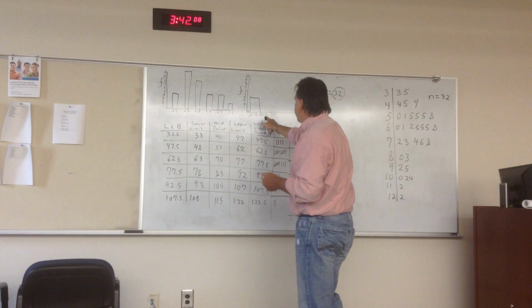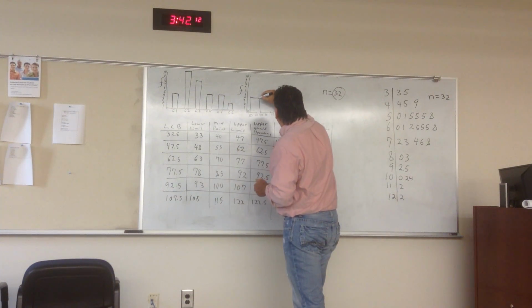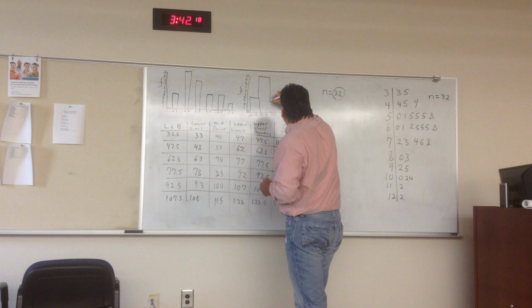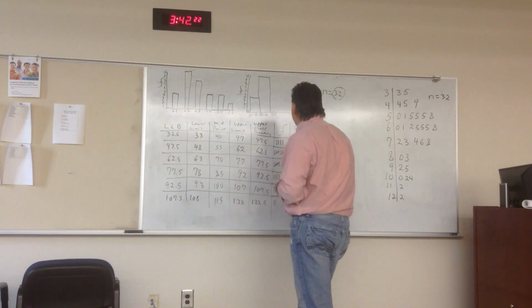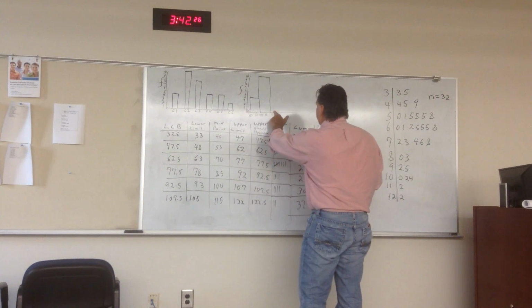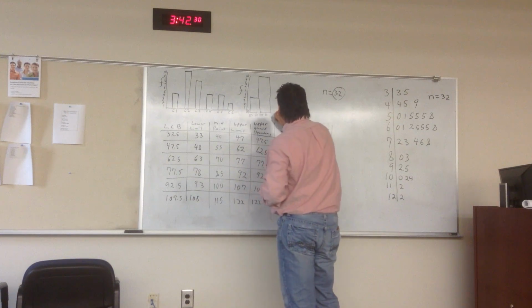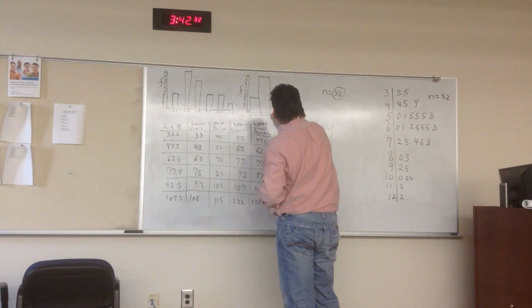Our next class, which has a midpoint of 55, that occurred 10 times. So we're not going to have any gaps here. So we're just going to go all the way up to 10 and all the way up to our next boundary, which is 62.5. Move that over just a little bit, 62.5.